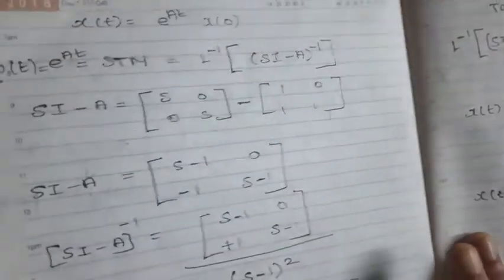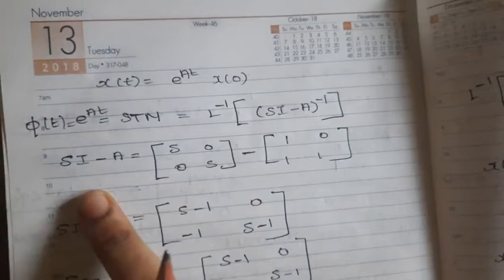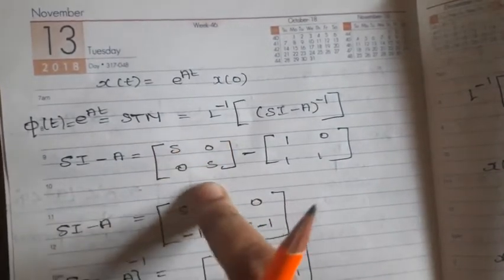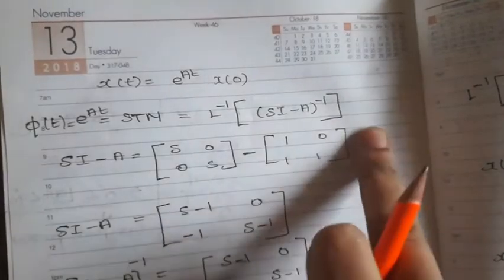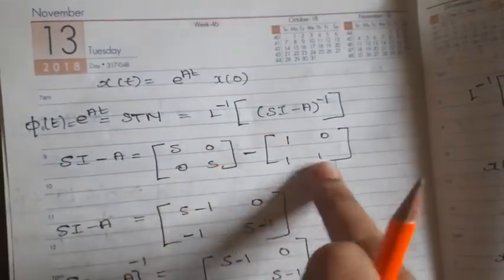What is A? 1 0 1 1. So the same thing, the state transition matrix, Laplace inverse of sI minus A inverse. First find out sI minus A. sI we know is s 0 0 s, minus the given matrix A. So sI minus A is s minus 1, 0, minus 1 and s minus 1.